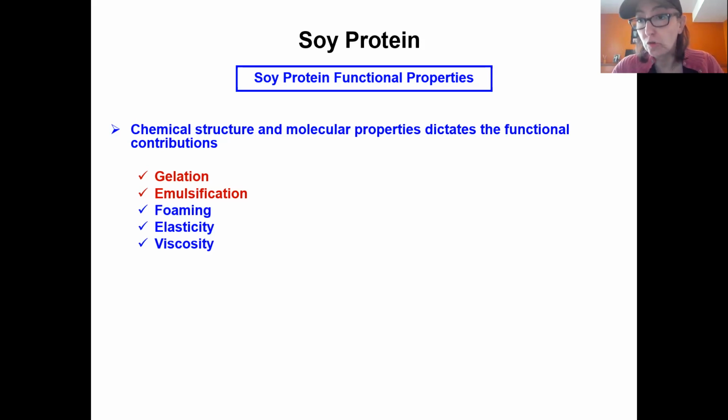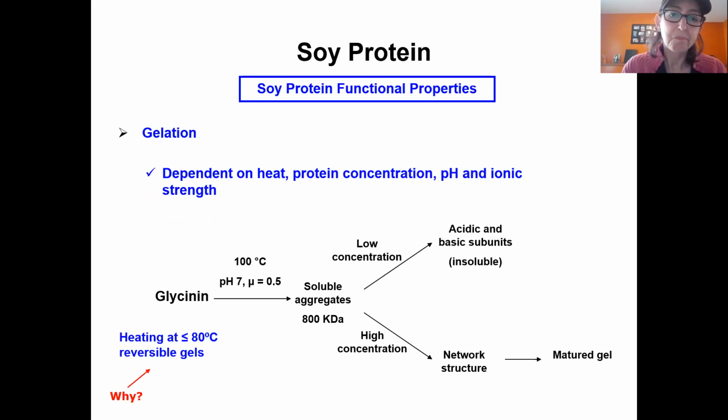It's not the first choice for an acidic beverage because of its low solubility. And around pH 7, it's soluble, not that great, but yet. So it's mostly used for its gelation and emulsification capabilities. Not so much for elasticity and viscosity, but the main functionality of the protein is emulsion and gelation.